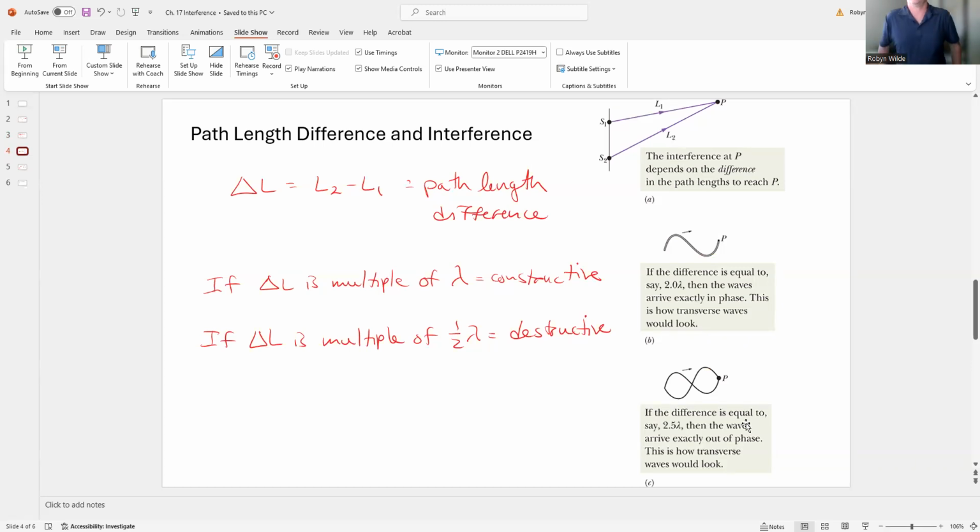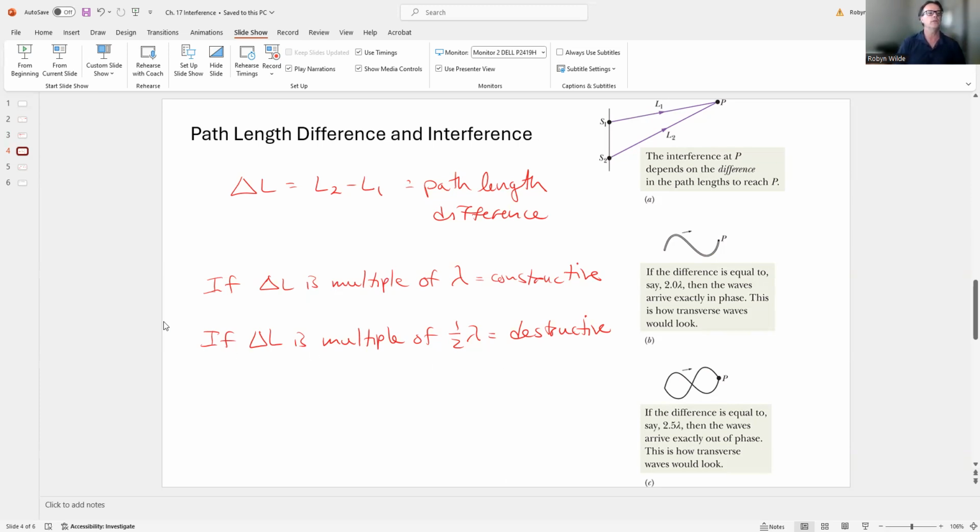All right, so again, the rule is that if I'm shifting by a wavelength or a multiple of the wavelength, I'm going to get constructive interference, right? So that's the statement here that delta L is a multiple of lambda, it's constructive. But if I shift by a multiple of half the wavelength, I get destructive.